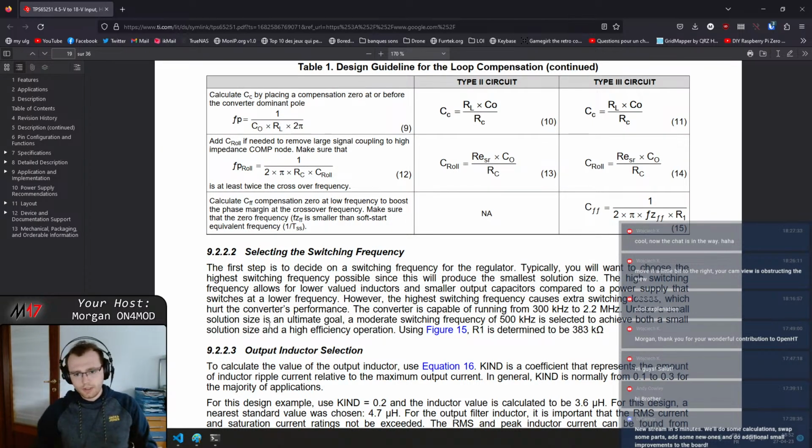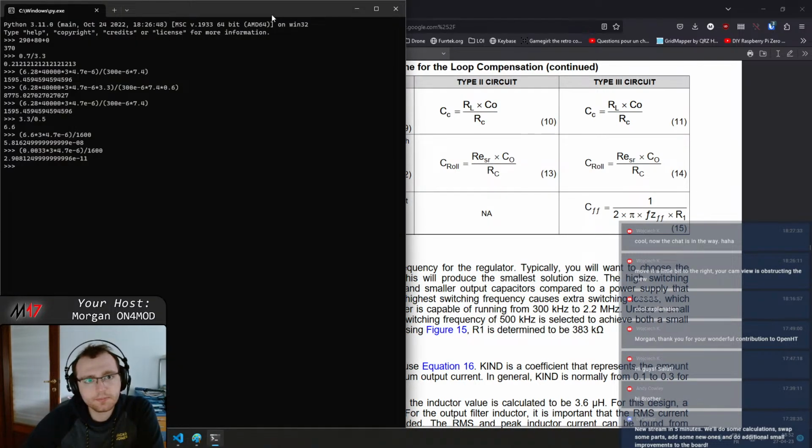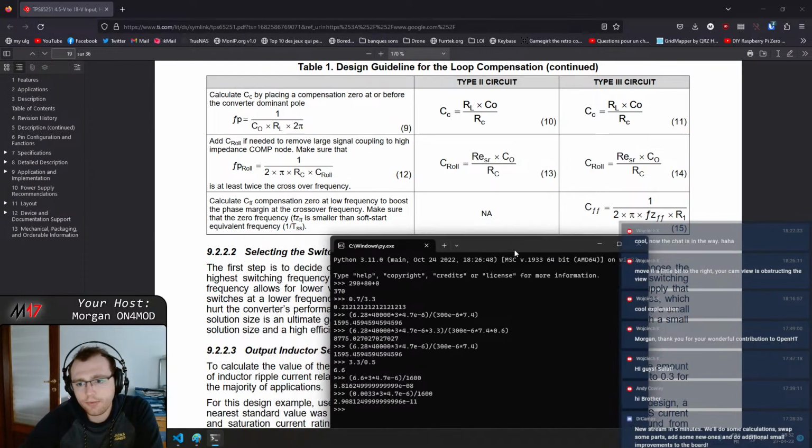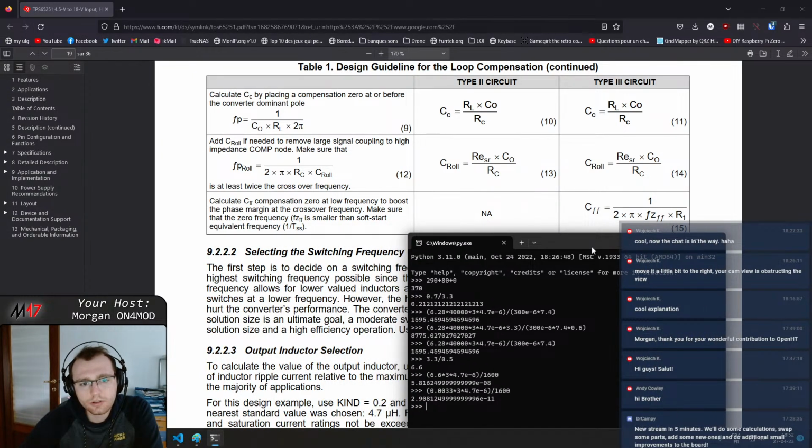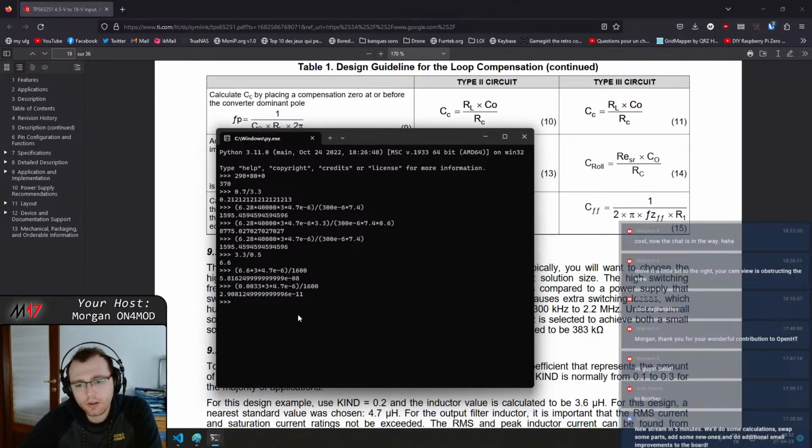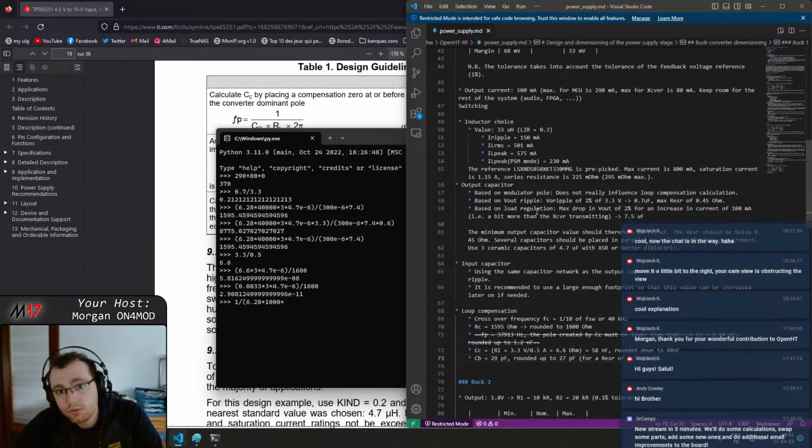Okay. Yeah. 1 over TSS. That is 1000. So we want FZFF to be lower than 1000. So let's see if we do 1 over 2 pi times 1000 times R1, and R1, what is its value?